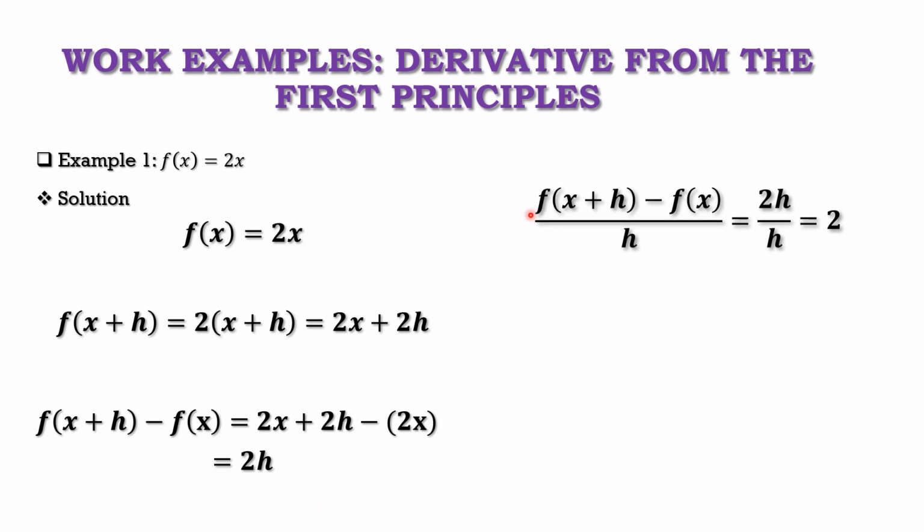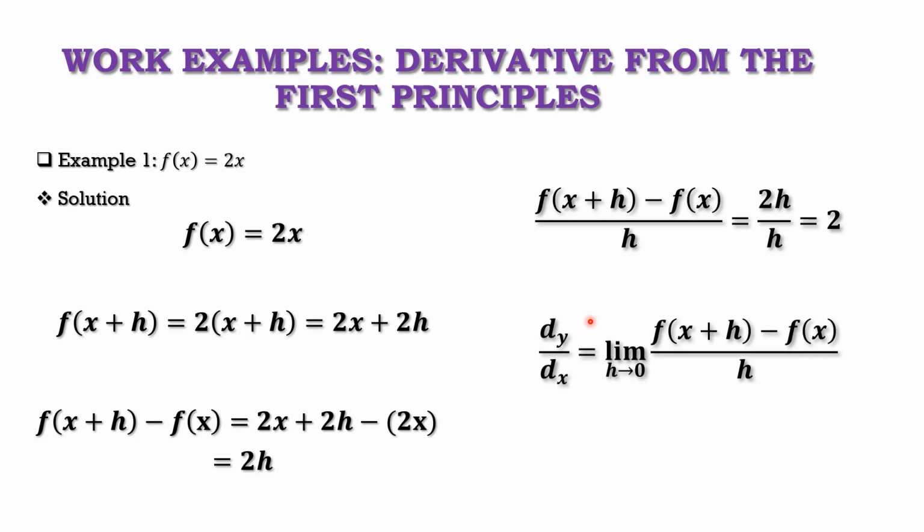Now we are going to find f of x plus h minus f of x divided by h. The result for the numerator is 2h, so 2h divided by h will be equal to 2. Then I'll find the limit, that is dy over dx will be equal to the limit as h approaches 0 of f of x plus h minus f of x divided by h.